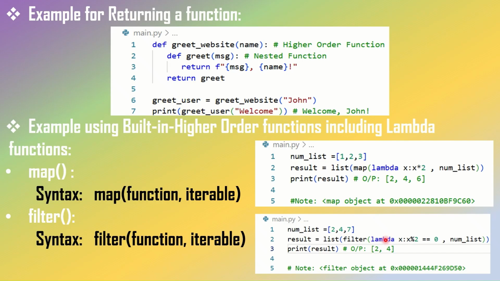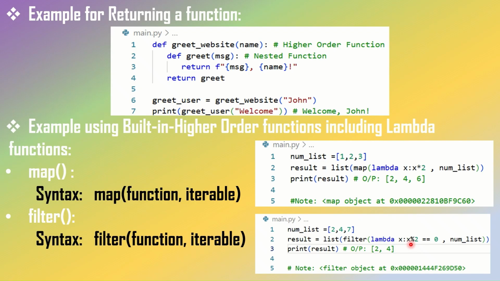So in the above example, I was doing multiplication, a small expression. But since filter applies the condition to each and every item, I defined one expression where I was taking x divided by 2 double equals to 0.